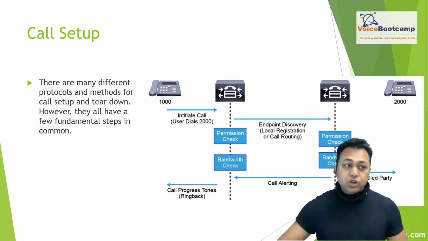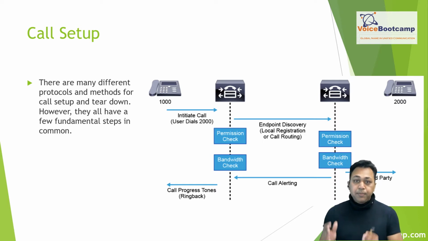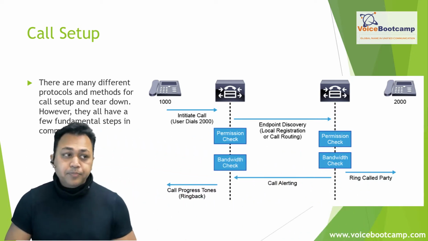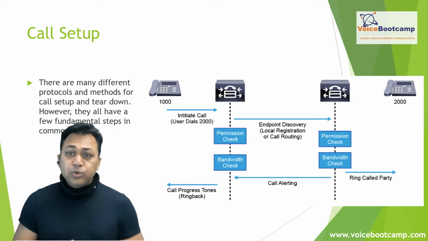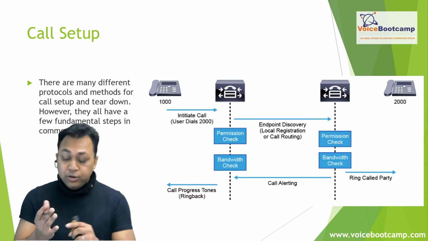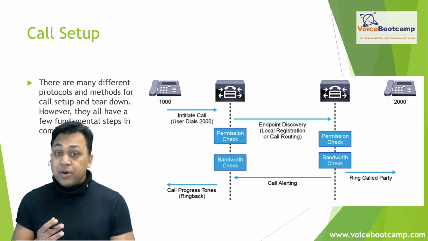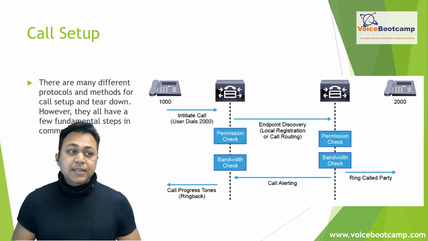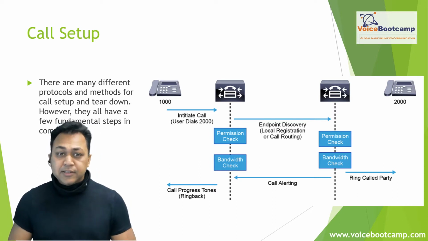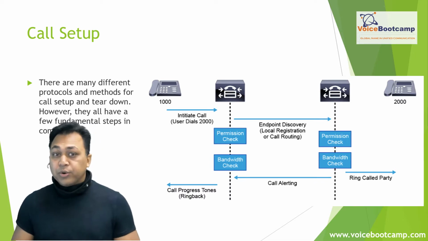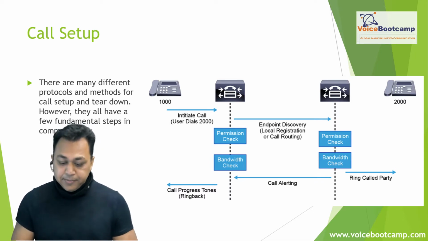This call admission control, for example, is going to be part of your administration configuration, and you want to make sure that you have a proper understanding of that. The bandwidth check could be call admission control, or it could be RSVP. Provided that these two checks have been successful, the call progress tone step takes place.